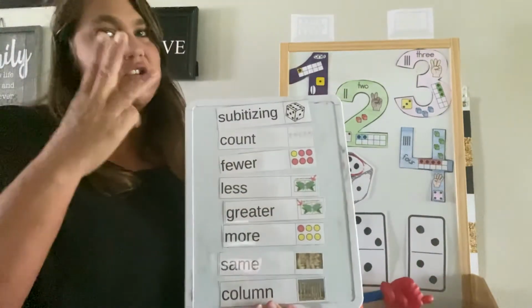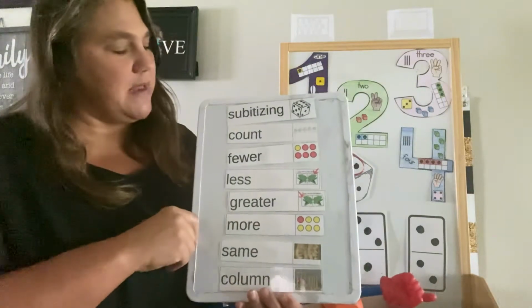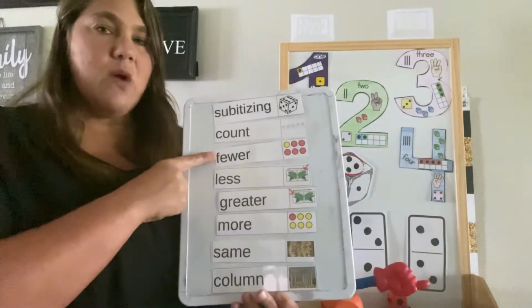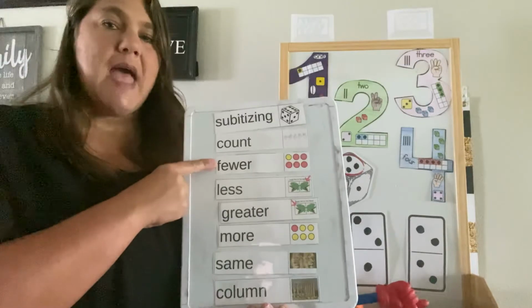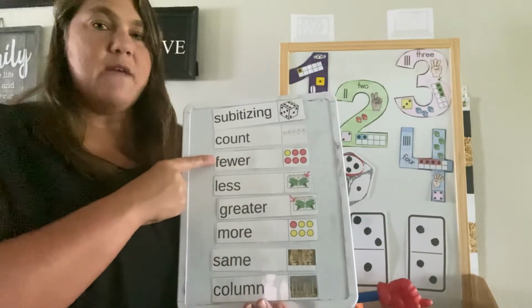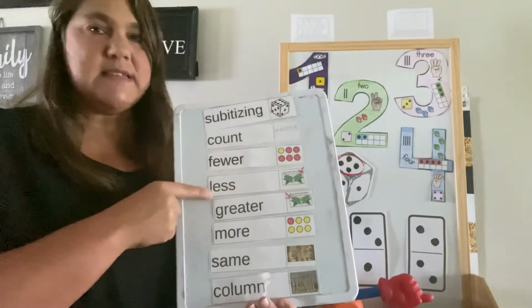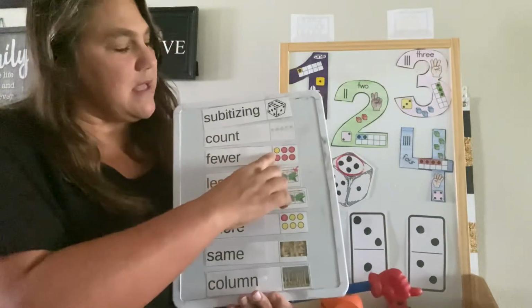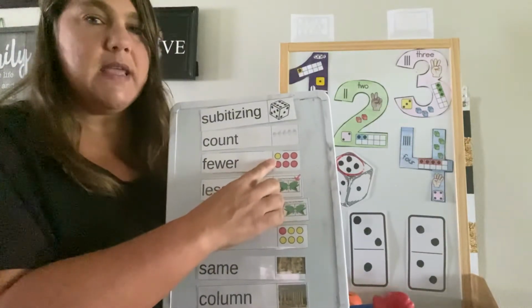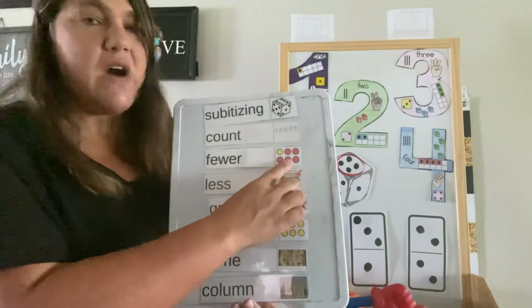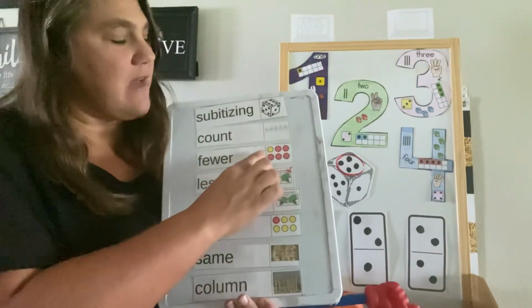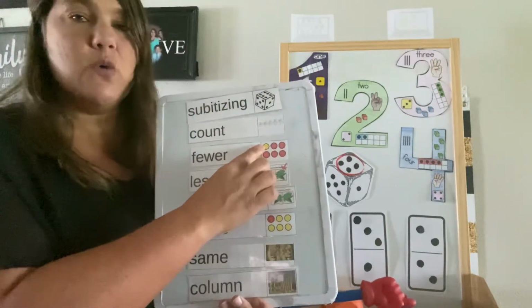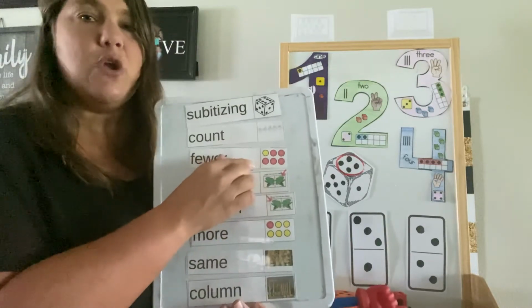And counting is just using our numbers to see how many. All right, when we compare, we're going to see which one has fewer. And fewer just means less. Look at my dots. I have 1 yellow dot and 5 red. I have less or fewer yellow dots in this picture.